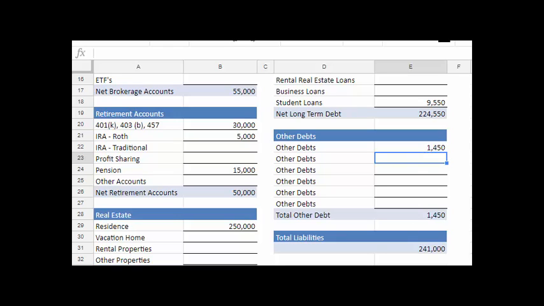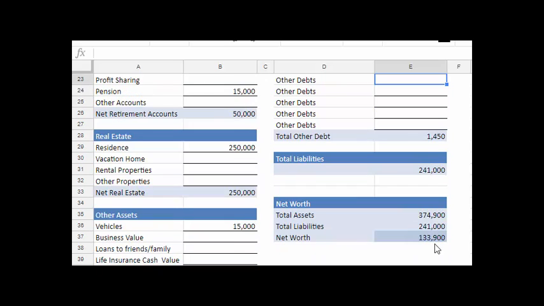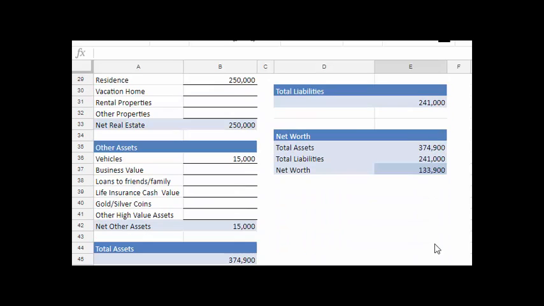If you use the Excel sheet and you actually did it online, then it will run all the calculations for you. If you did it by hand, you're going to have to go back and total everything up if you printed the sheet out. So in this case, you can see that we have total assets, $374,900.